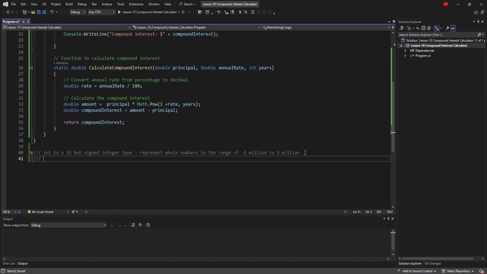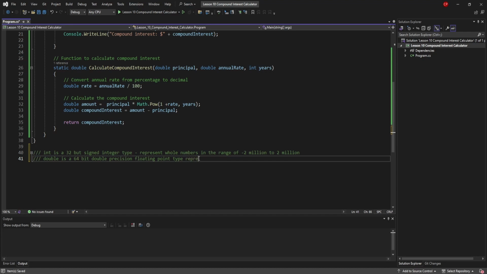And then a double is a 64-bit double precision floating point type. And I'm going to do a video kind of explaining that stuff. I mostly just want to get you guys used to the syntax first. Floating, right? Floating point type.